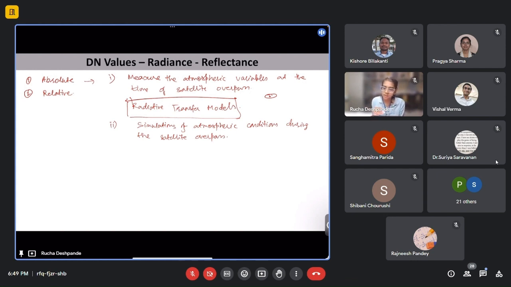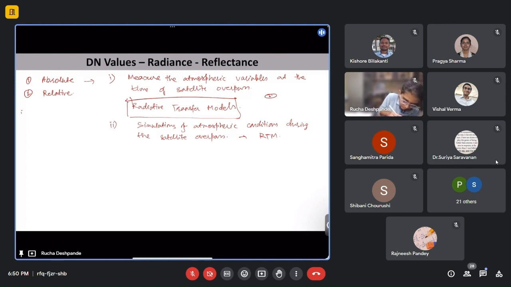These models simulate the atmospheric conditions during that satellite overpass, and then these variables are again fed into the radiative transfer models to generate these variables and then do the atmospheric correction. Or if this is not possible, then there are methods of relative atmospheric correction.